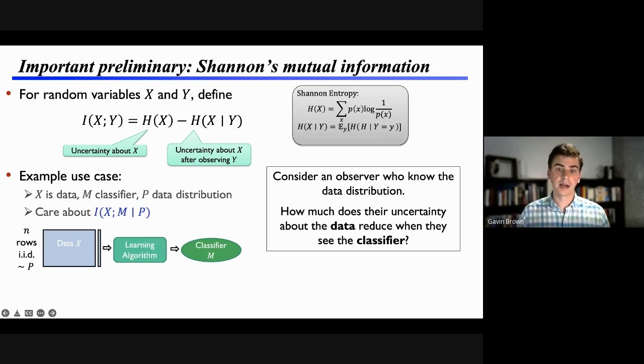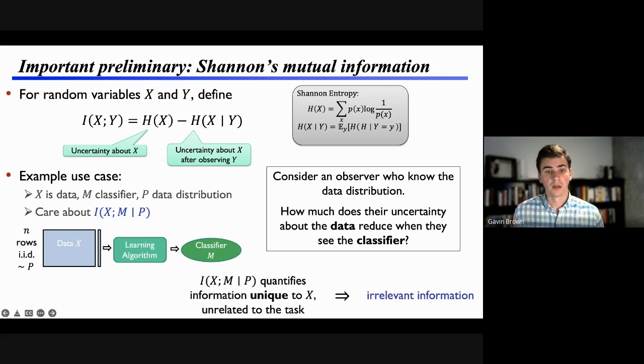How much does their uncertainty about the data reduce when they see the classifier? In other words, this mutual information quantifies information that's unique to the data set and unrelated to the task, because an observer who knows the data distribution didn't know that information about X before they saw the classifier. In other words, this quantity captures irrelevant information that's been memorized about the data set.